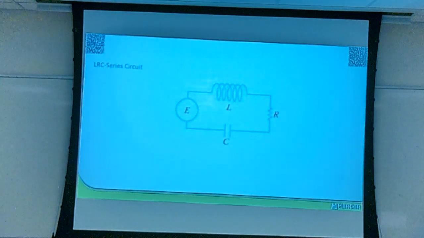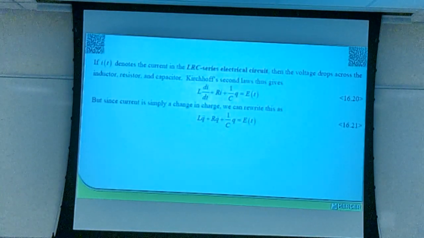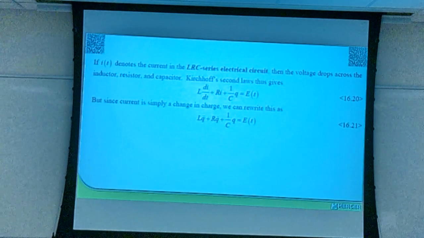Oh yeah, series circuits. I is the current. LRC: inductance, resistance, capacitance. Kirchhoff's second law, and Q is charge, and current is just the rate of change of charge.